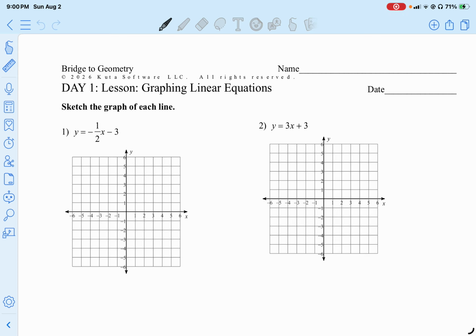So effectively, I have two objectives here, right? The first objective is that we are going to be able to sketch the graph of a line, and the first form here is slope-intercept form. And as you can see, slope-intercept form is in the form y is equal to mx plus b, right?